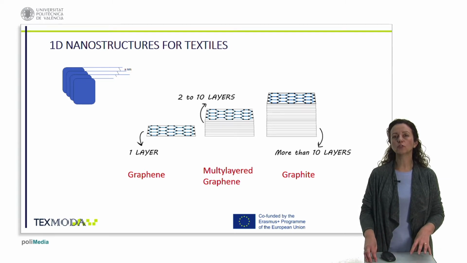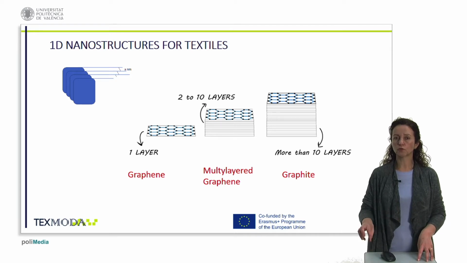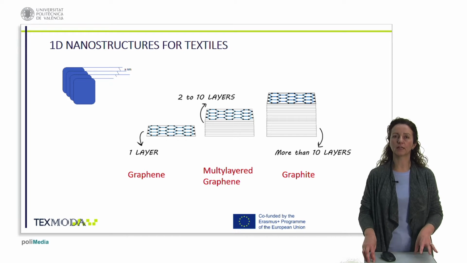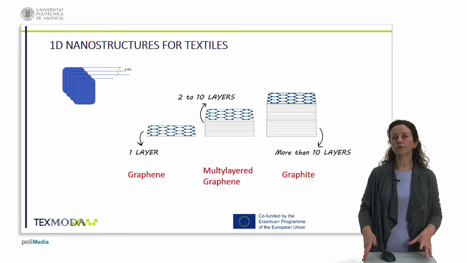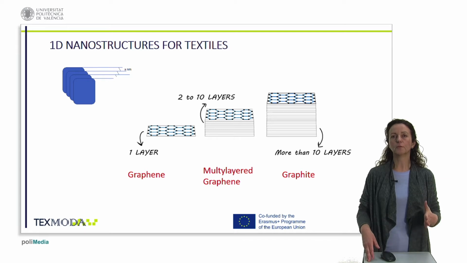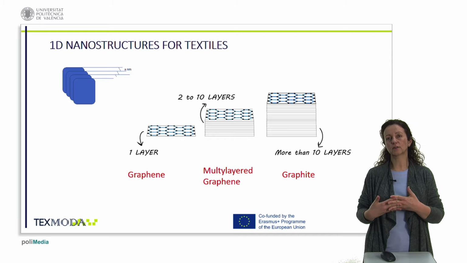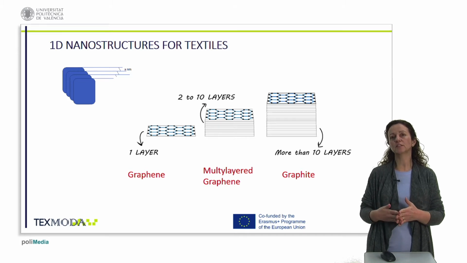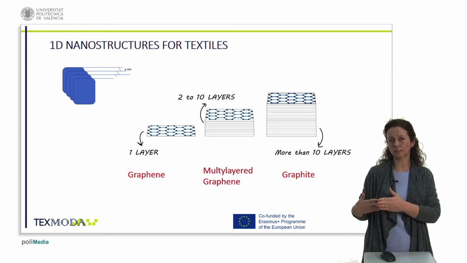Then we have multi-layered graphene, which could be from 2 to 10 layers of graphene. Depending on the authors, some consider that more than 10 layers is graphite, but some authors do not call it graphite until it is more than 20 layers.